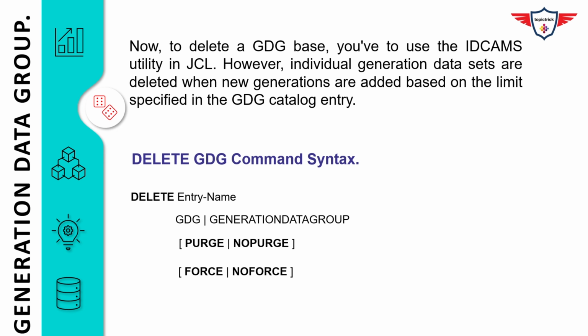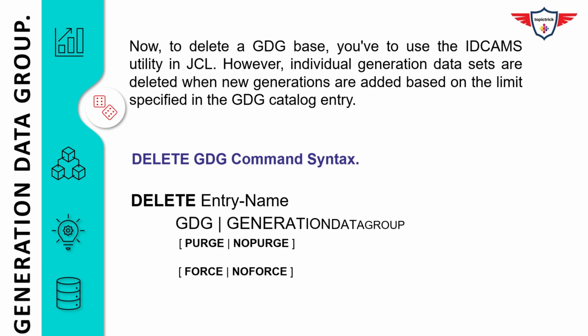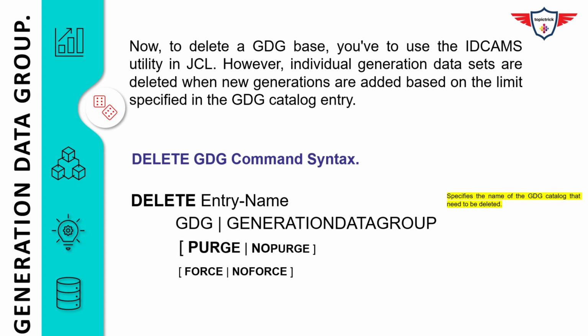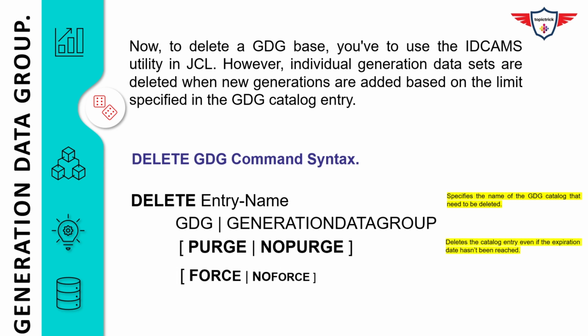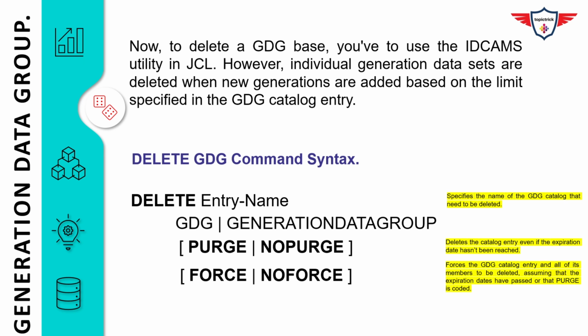So again, the syntax begins with the keyword delete followed by a GDG base name, and then you have a keyword GDG or a generation data group. So you can use either of them. The other parameters are purge, noPurge, force, noForce. When you code the force parameter, the GDG catalog entries and all of its GDG members are deleted.